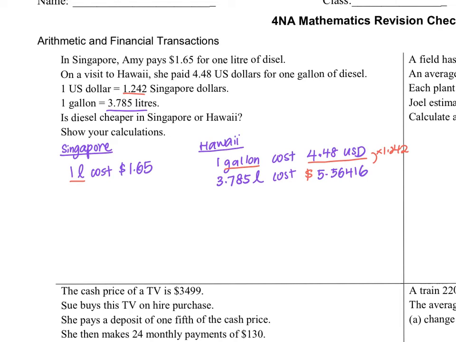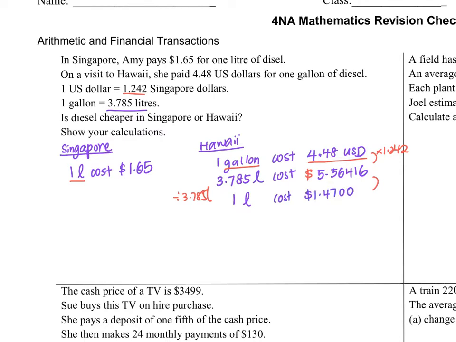To be able to compare them, we need to make them the same units. So I'm going to change this to 1 litre. How do I change it to 1 litre? I need to divide by 3.785, and it will cost me so much money.